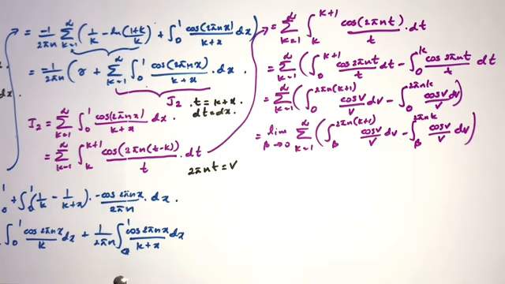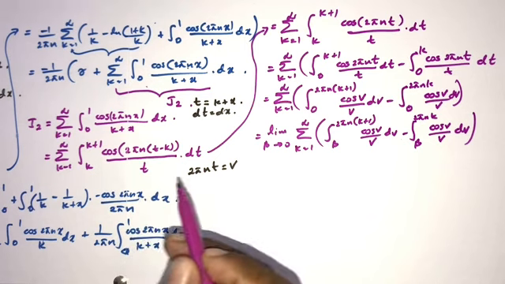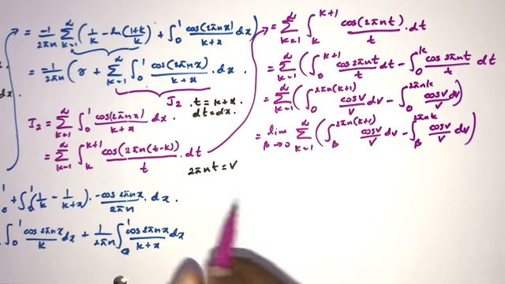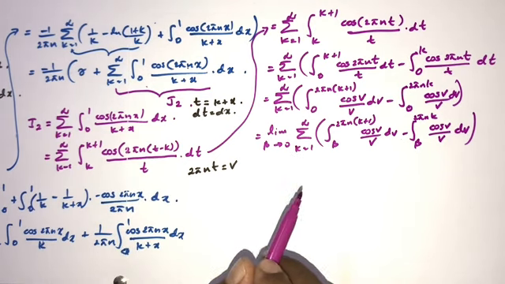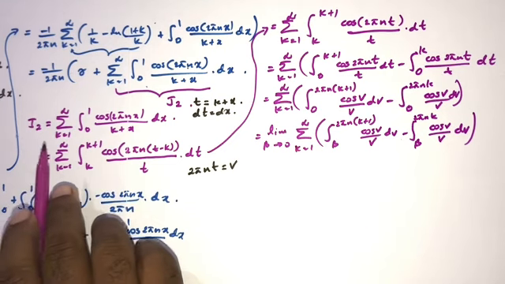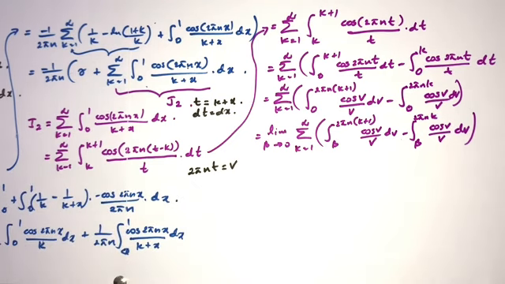Okay, now in j1, we know j2, we used a technique by using the cosine integral function in evaluating j2, so we can use the same technique, the same formula.